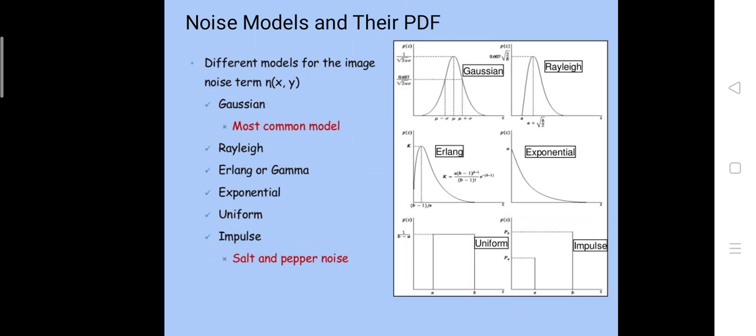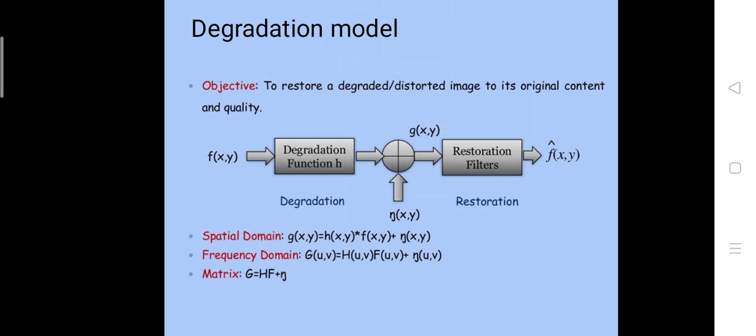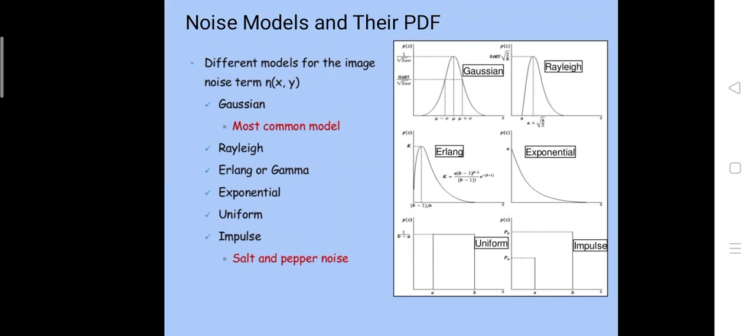Next, noise models and their PDFs. What is a noise model? Here we can see n(x,y). This is nothing but the noise model, which we insert into or which is present inside the degraded image. There are different noise models for images, like Gaussian noise, the most common one.